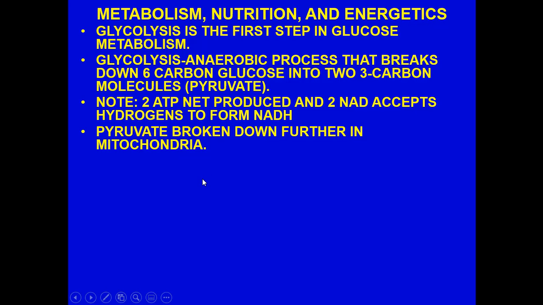Okay, so let's talk about glycolysis first. It's the first step of glucose metabolism. Glycolysis is an anaerobic process. We don't need oxygen. Now, if you remember in your medical microbiology, let's cross from one course to another, this is something you see consistently with certain organisms. But here's the main point.